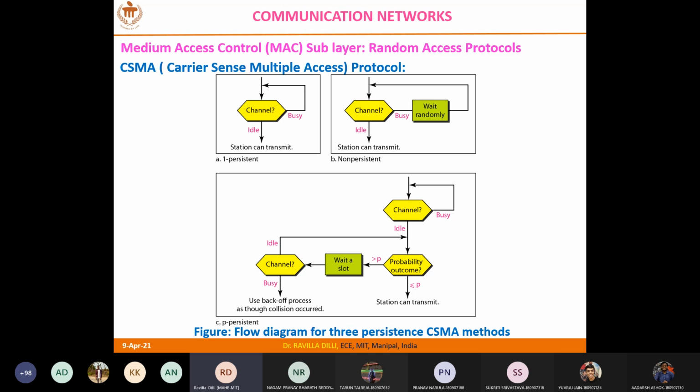As and when you find that the channel is idle, you can start your frame transmission with probability 1. If the channel looks engaged, if the channel is already carrying other frames' bits, then you need to wait. You need to continuously sense the carrier till it gets idle. So you are going for a continuous check.